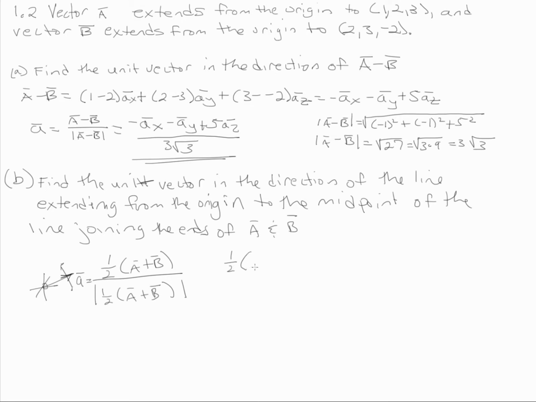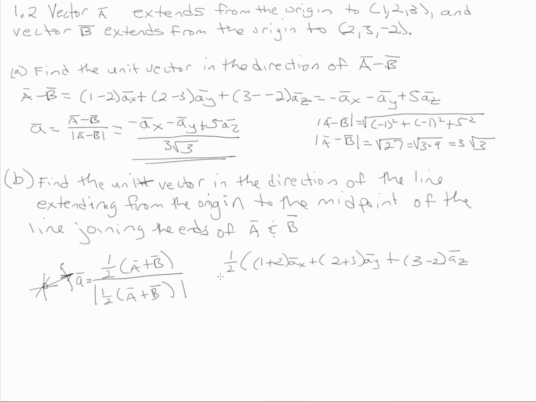So 1/2 of A plus B. A is equal to 1 plus 2, that's AX, and then we're going to have 2 plus 3 AY, plus, the last point, we're just taking A plus B by the components, 3 minus 2 AZ.